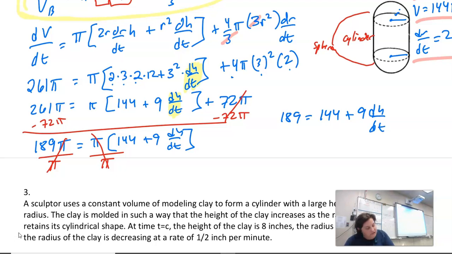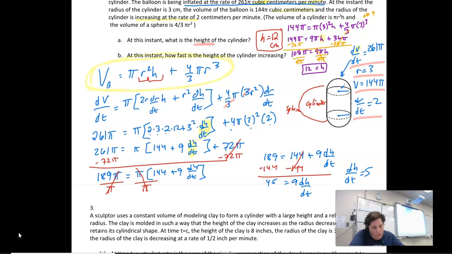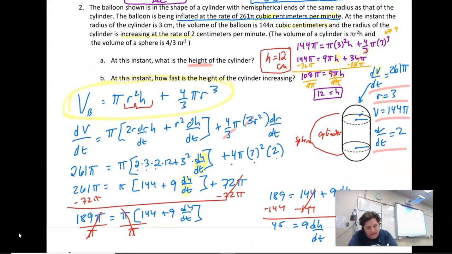I will subtract the 144. Ooh, can we do this? 45 equals 9 dH dt. Divide both sides by 9. dH dt is 5. Whoo, that was crazy, but I loved it.